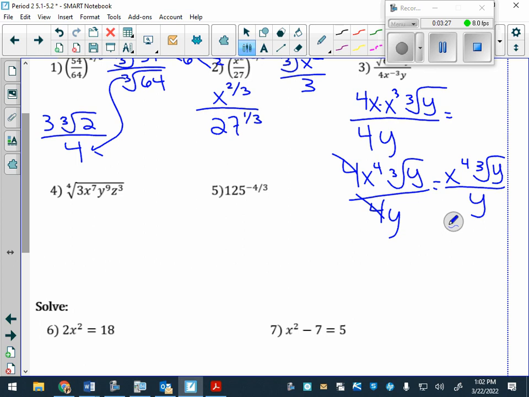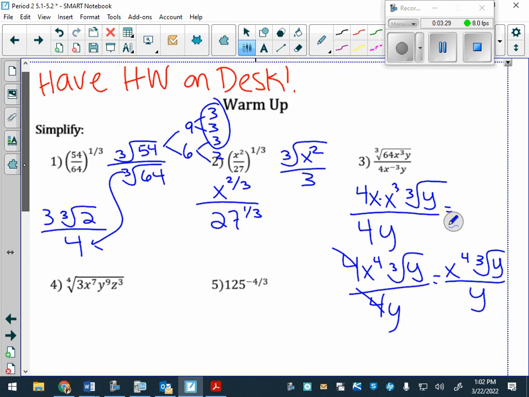Okay. All right. Now, the reason why you do not move this up until you're done evaluating that cube root is because this has a radical, this does not. Okay? Any questions on number 3? Yep, Liam. It's negative.